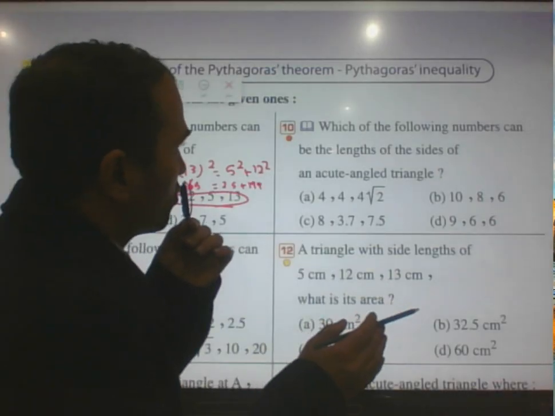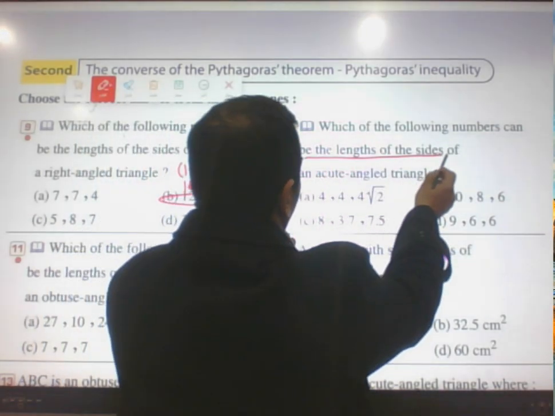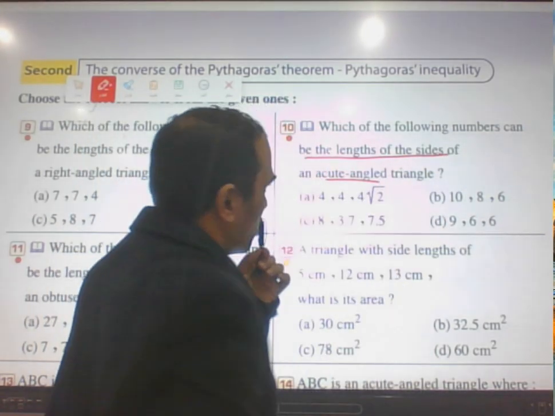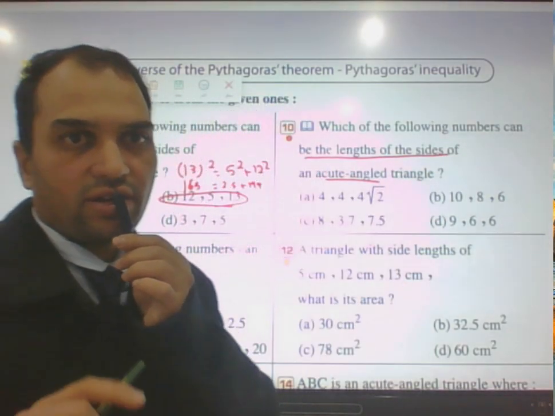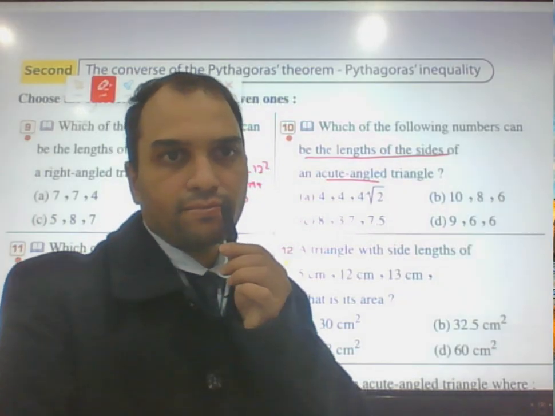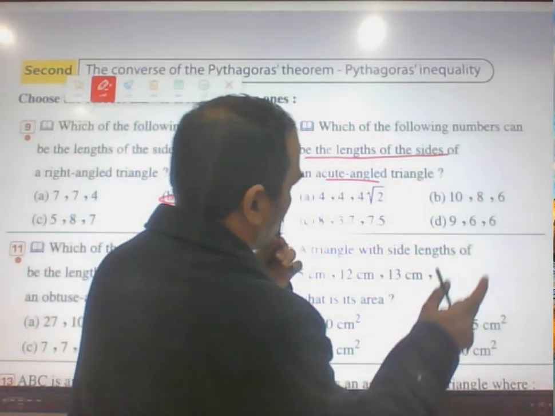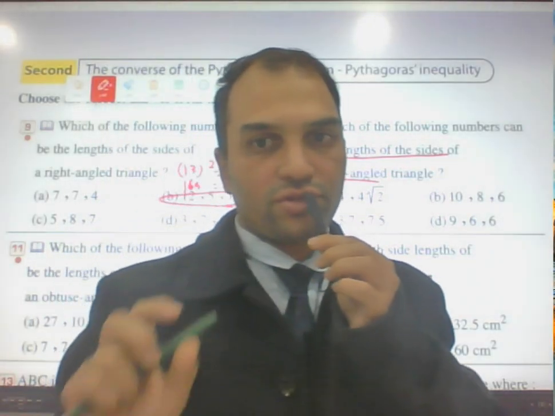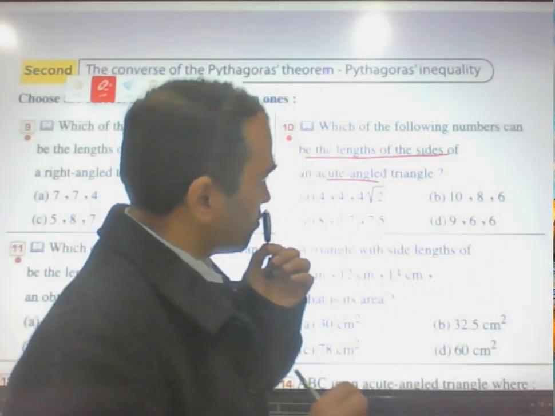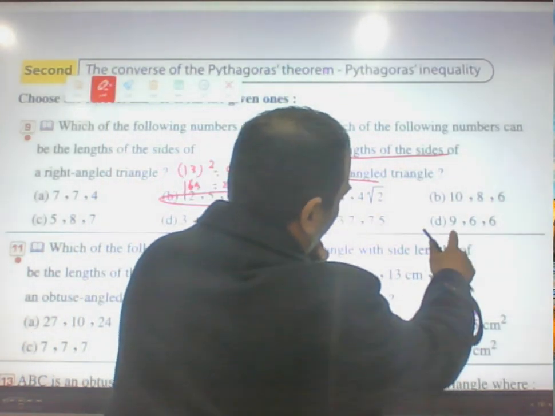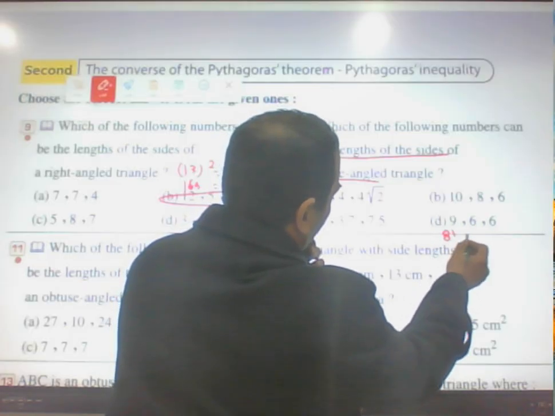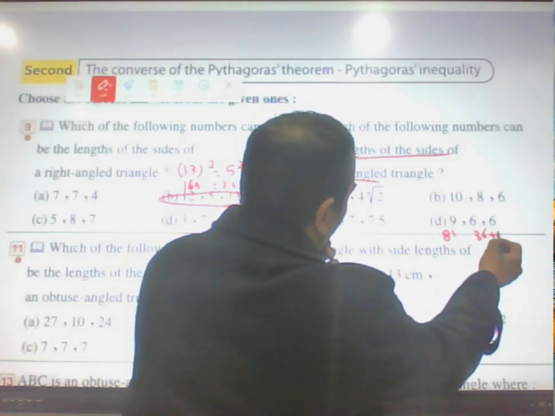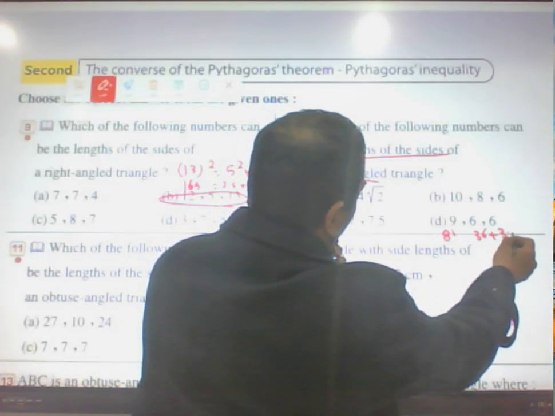Next question: which of the following numbers can be the lengths of the sides of an acute angle triangle? Acute angle triangle means the greatest number squared is less than the sum of the squares of the two smaller sides. You can combine here: 9 squared is 81, and 6 squared is 36, and 6 squared is 36.